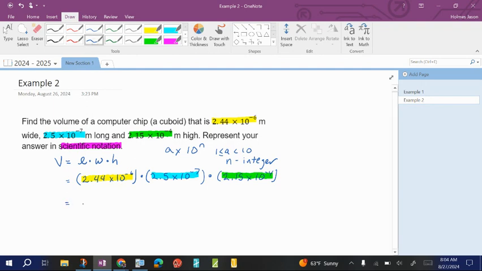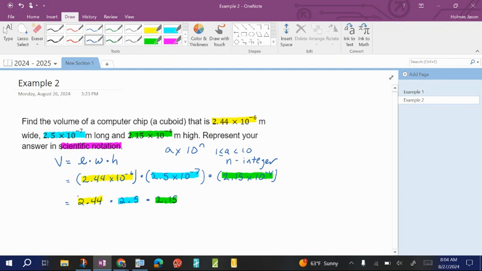So we're going to rewrite this as 2.44 times 2.5 times 2.15. And that's going to be the A value from the first expression, the width, the A value from the length, and the A value from the height.